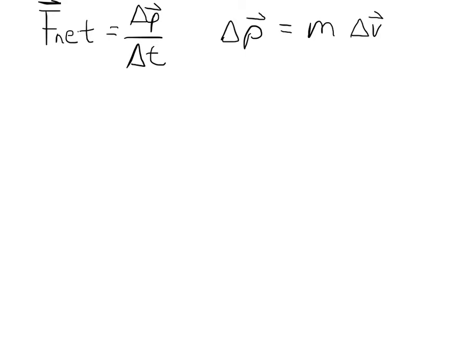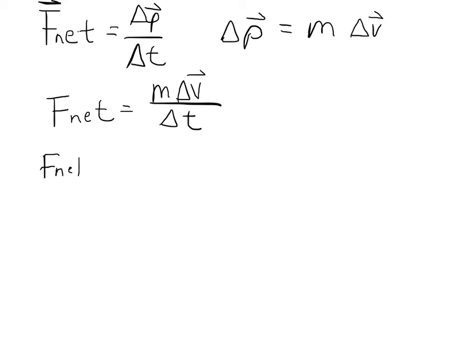Okay, so now let's take these two equations we've just developed and put them together. F net equals m delta v over delta t. Now if I multiply by delta t, this equation should look really familiar. F net times delta t equals m delta v.